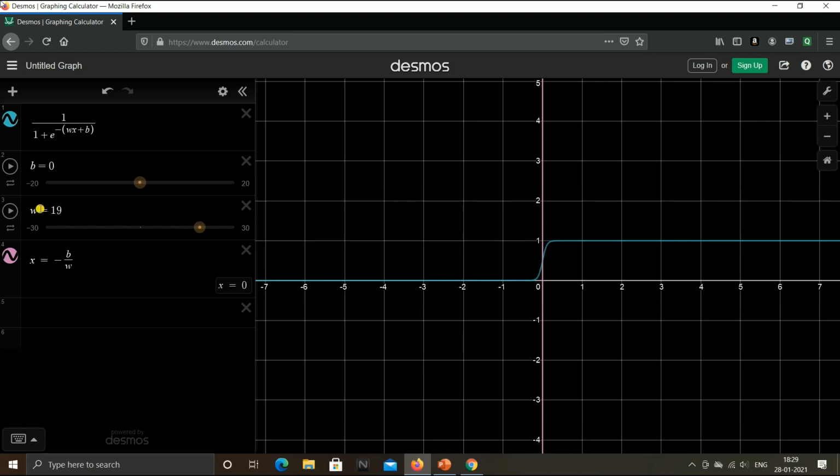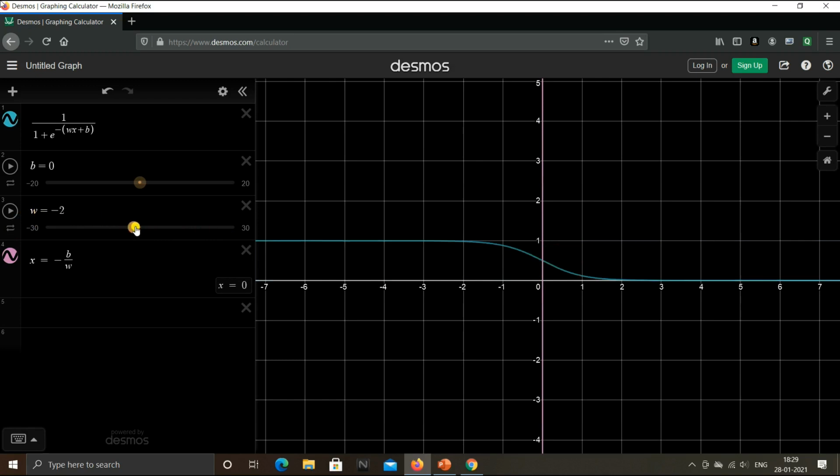Remember this: if your w, or the weight, is positive and you increase it further, the slope of this sigmoid function will also increase positively. Now let's go towards the negative side. I have initialized w equal to -1, and now the slope has also become negative.